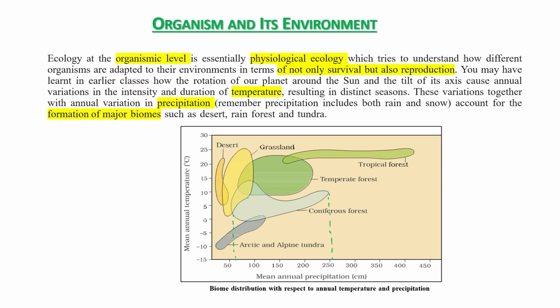So according to shape, if they give you a graph and ask you to analyze or tell the name of that particular type of area, then with the help of the shape you can very quickly identify coniferous forest.